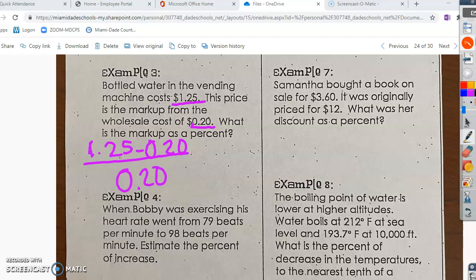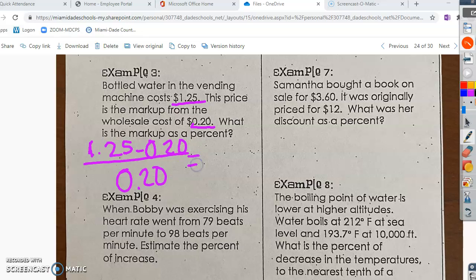So 20 cents times 5, I already know it's $1. So this price was already increased over 100%. So it makes sense to know that my answer is going to be at least somewhere between 200 to 300 to 500% increase, and that is possible.